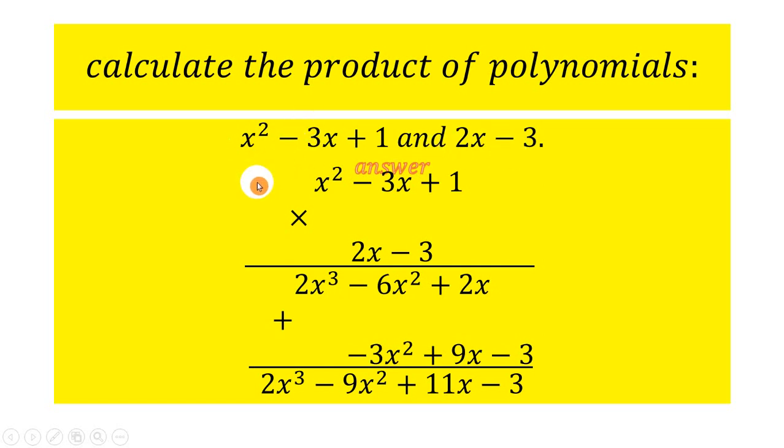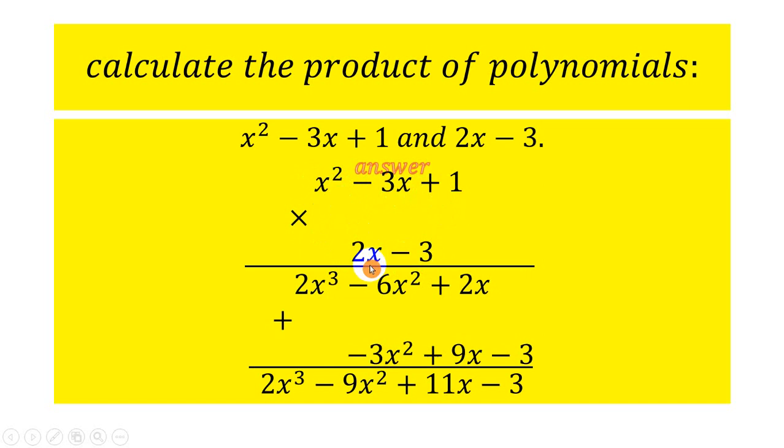This is the product of both polynomials: x squared minus 3x plus 1 and 2x minus 3. We can calculate like this: x squared minus 3x plus 1 times 2x minus 3.